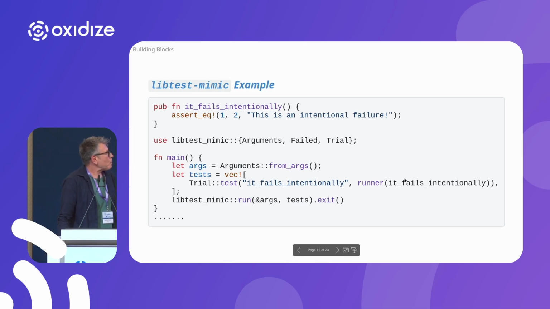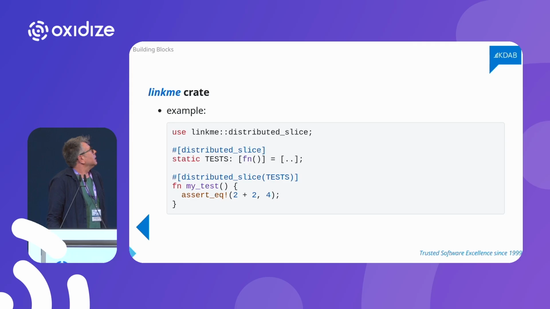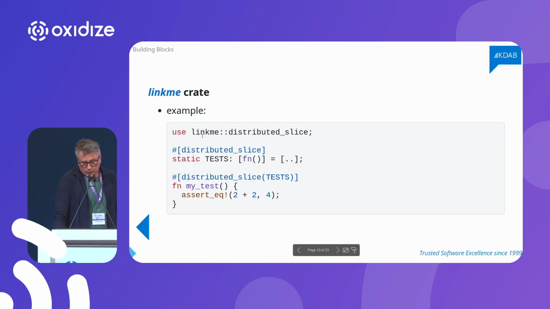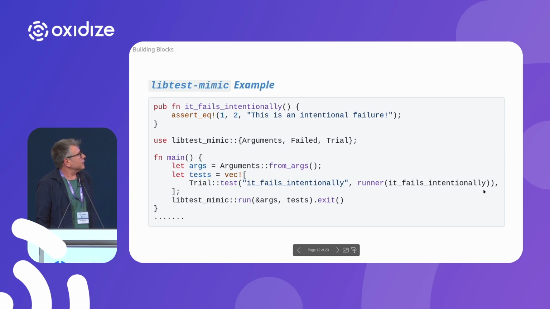To help with that, there is another crate, linkme. What it does is let you register test functions at compile time: you just need to annotate your test functions, and then they all will be gathered in a list. It helps us get rid of this annoying step here.